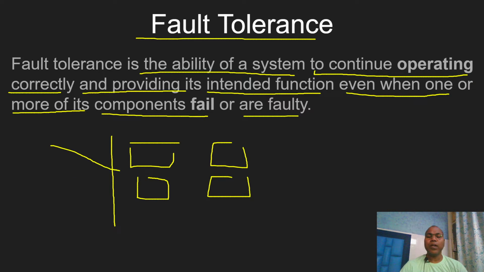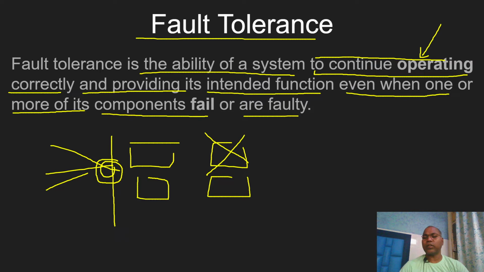If any one component fails or becomes faulty, how should our system still operate, continue, and function? This is the first objective.